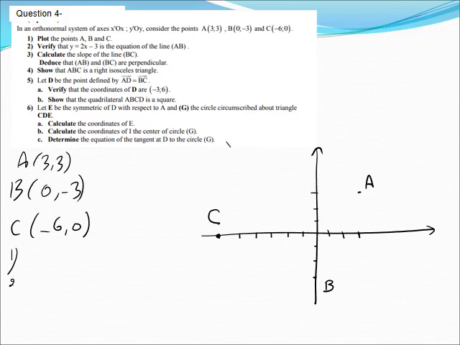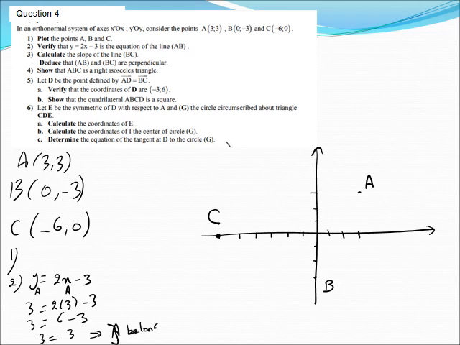Number 2. Verify that y equal to 2x minus 3 is an equation of AB. For A: ya equal 3, and 2 times 3 minus 3 equals 6 minus 3 equals 3. So A belongs to y equal 2x minus 3.